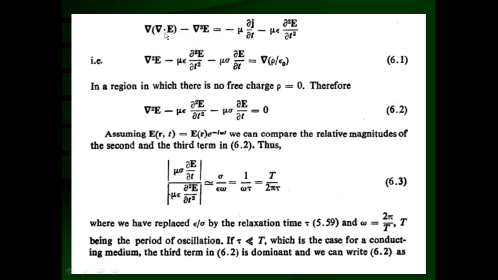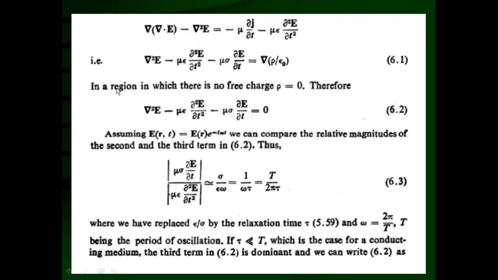is equal to the gradient of the divergence of E, and the value of divergence of E from Maxwell's first equation, Gauss's theorem in differential form, is ρ/ε0, where ρ is the volume charge density, charge per unit volume.